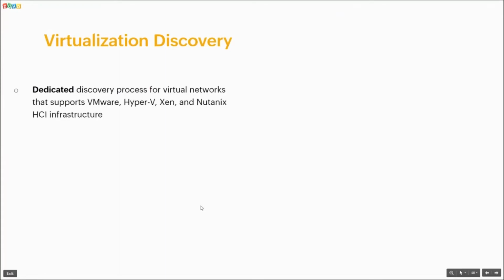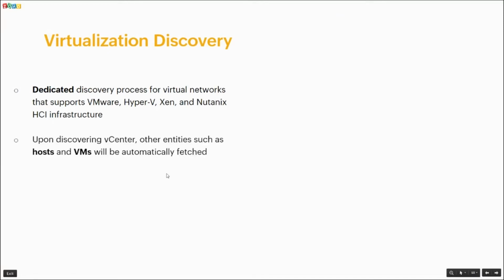And now we are going to see the virtualization discovery options within OpManager. In OpManager, we have a dedicated discovery process for virtual networks that supports VMware, Hyper-V, Xen, and Nutanix HCI infrastructures in your environment.